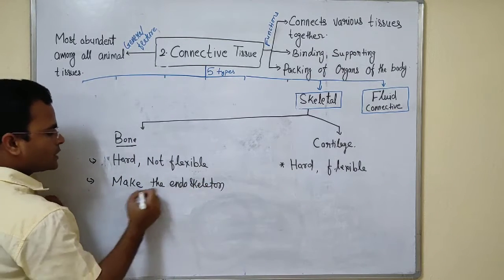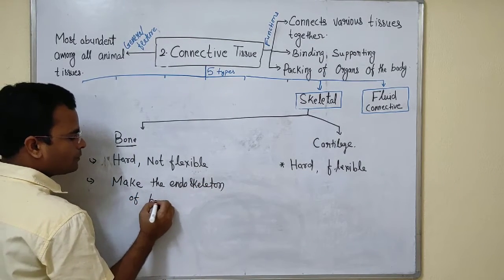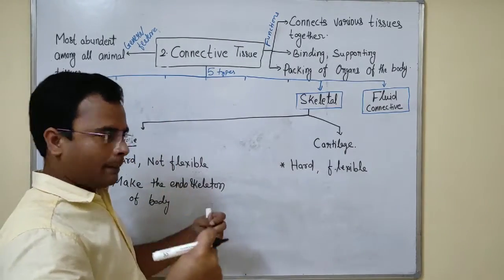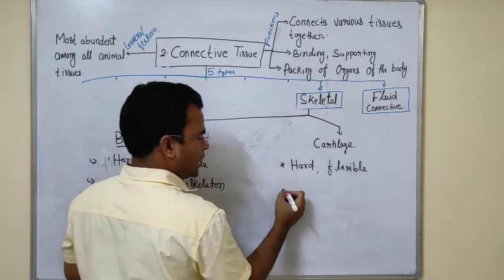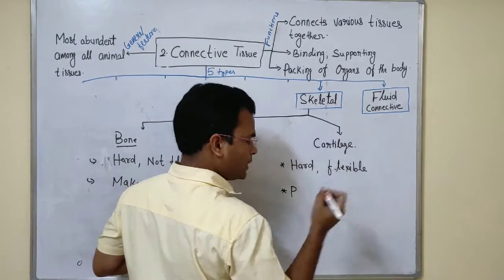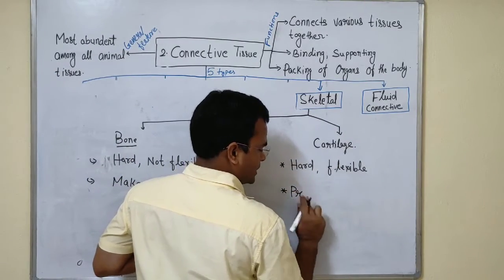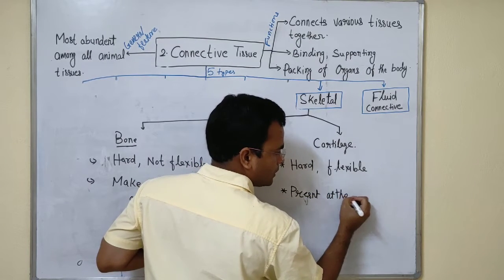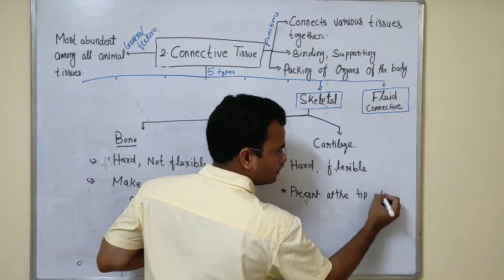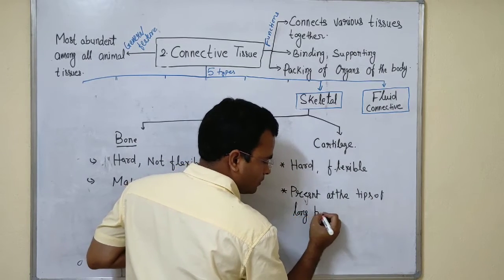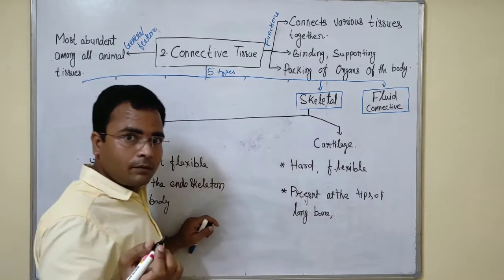They make the endoskeleton of the body, so that it would have a rigid frame. Cartilage is present at the tips of long bones. Where else will it be present?